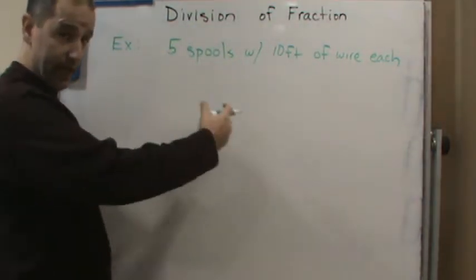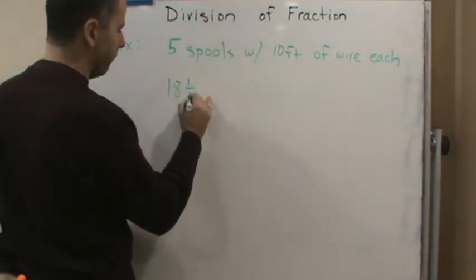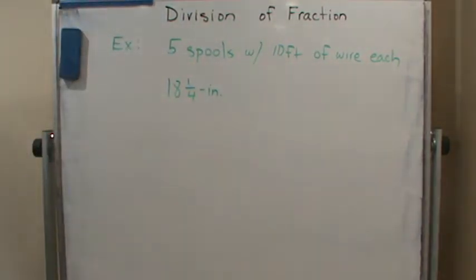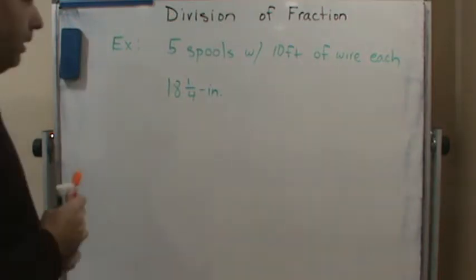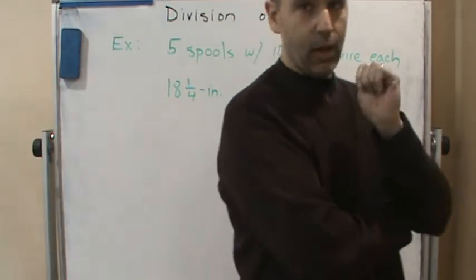So he's going to cut lengths of wire that are 18 1/4 inches long. Okay, they got to be whole pieces. That's the key.